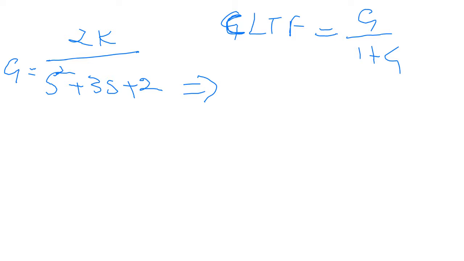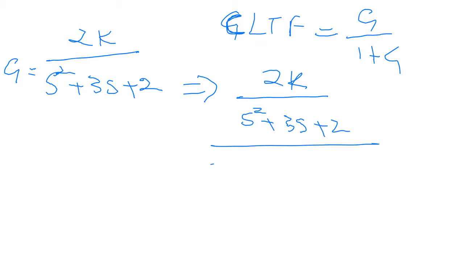Therefore, it implies 2k over s squared plus 3s plus 2, all over 2k over s squared plus 3s plus 2, plus 1.